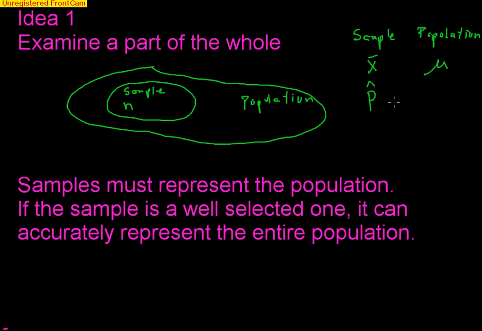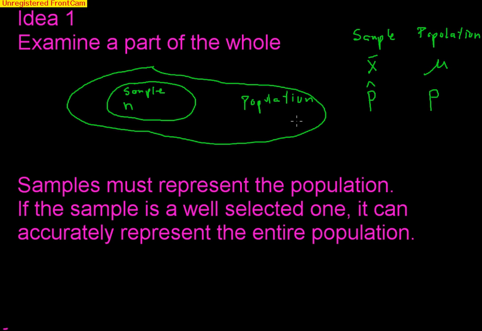The hat indicates it comes from a sample, where in a population we say true P, just P without a hat. So again, if we're interested in the percentage of people that wear seatbelts, maybe the true population proportion that we'll never really know is 73%, and our sample showed 79%. That would be p hat. So these are the two important things we look at when we talk about examining the part of the whole: averages or means, and proportions.